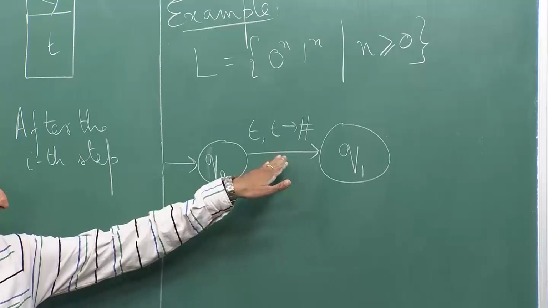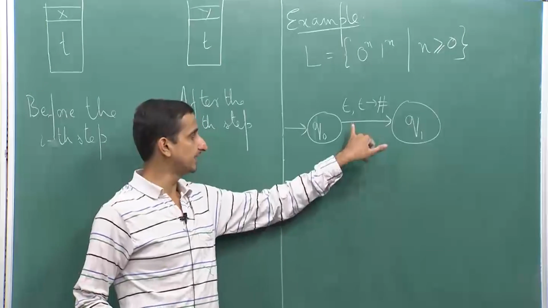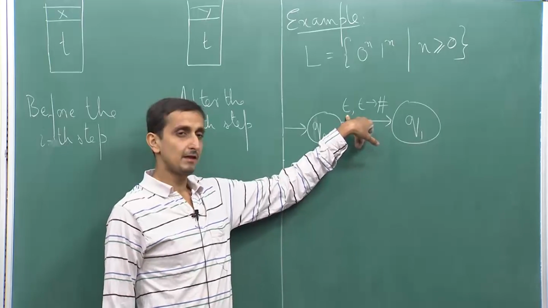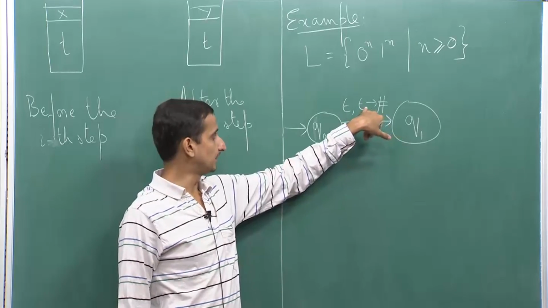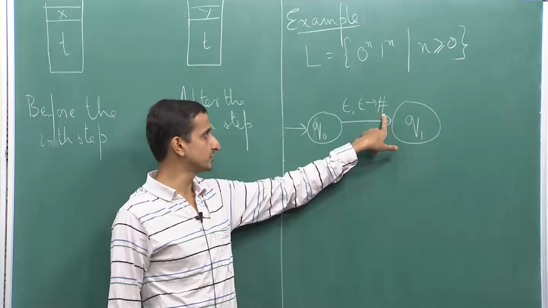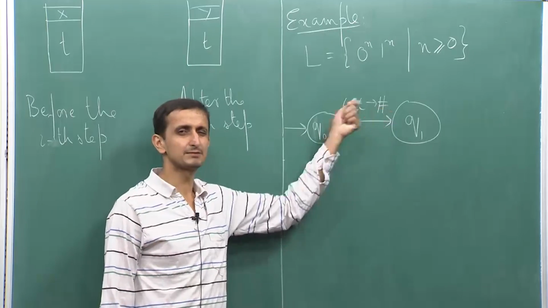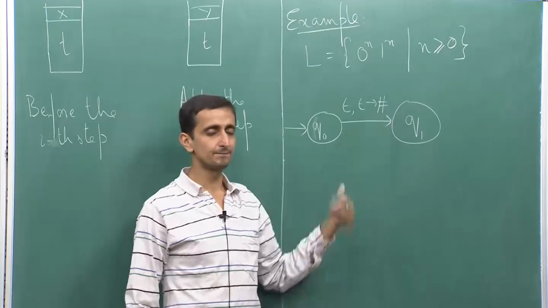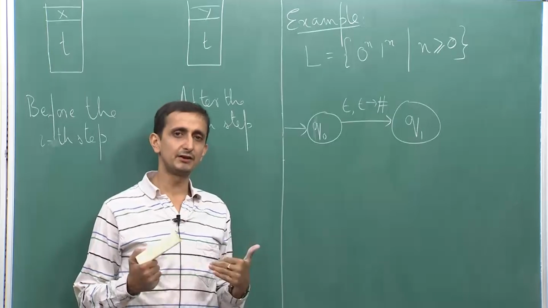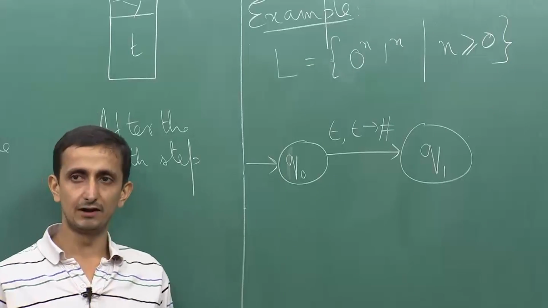Let us try to understand this. This transition means that I do not read any input bit, I just see epsilon, and without popping anything from the stack, I push hash onto it, some symbol. This symbol will be used to check whether the end of stack has been reached or not, because finally we need to check whether we have reached the end of stack.